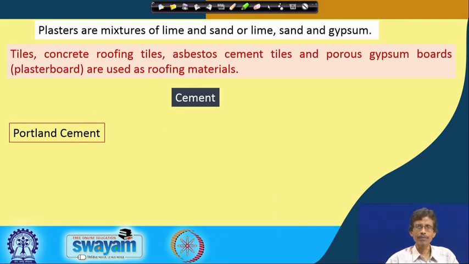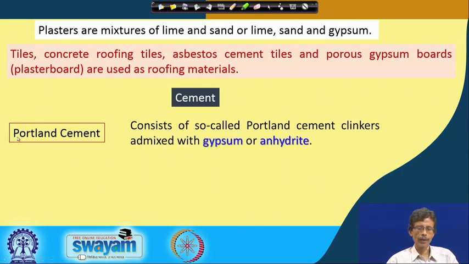When you get the slag material from the iron and steel works, from getting pure iron from the iron ore, that slag material can be utilized for making slag cement. Then fly ash from the thermal power plant can be utilized, and that gives you fly ash cement. So, the first one, the most pure one and most useful one is Portland cement.